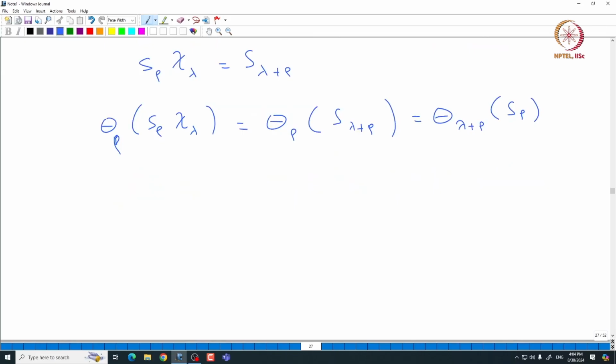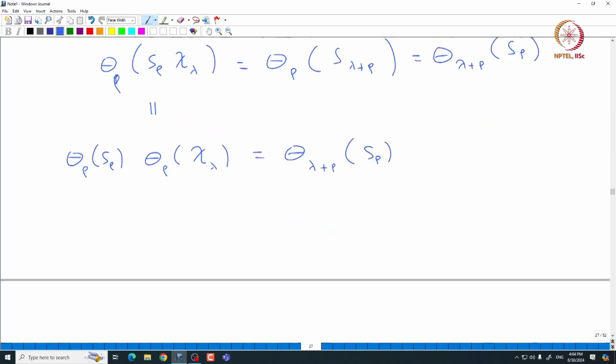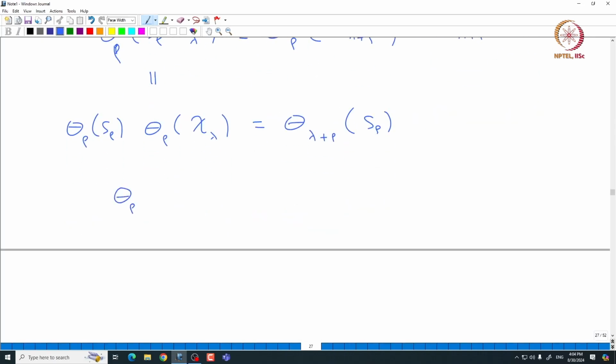So, this tells you that this is exactly equal to theta rho S rho times theta rho chi lambda, which is exactly theta lambda plus rho S rho. Now what is theta rho chi lambda?